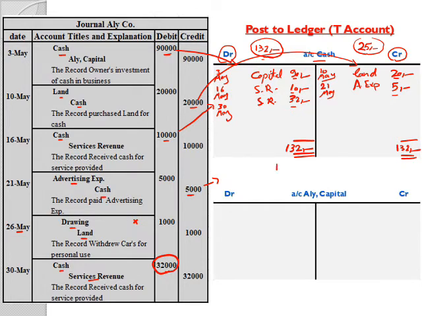The remaining is the difference: 132,000 minus 25,000 equals 107,000. Remaining 107,000.